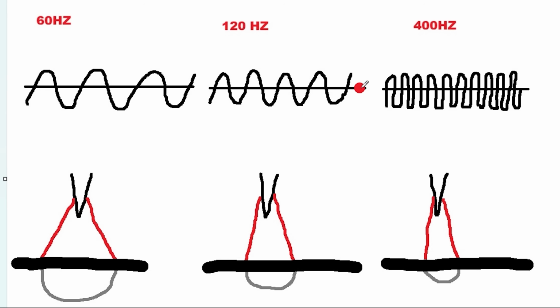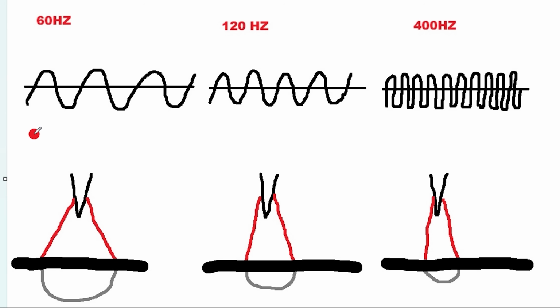Well, at 400 or even 120, you're crossing and hitting zero output far more than you are at 60, which is why if you're going to weld thick aluminum, like I would say 3/16 or maybe 1/4 inch and above, you're going to want to switch to 60 hertz, or some machines can go as low as 40 hertz, maybe even lower. The lower the frequency, the more heat input time is actually spent heating the material, therefore the more penetration you're going to get.